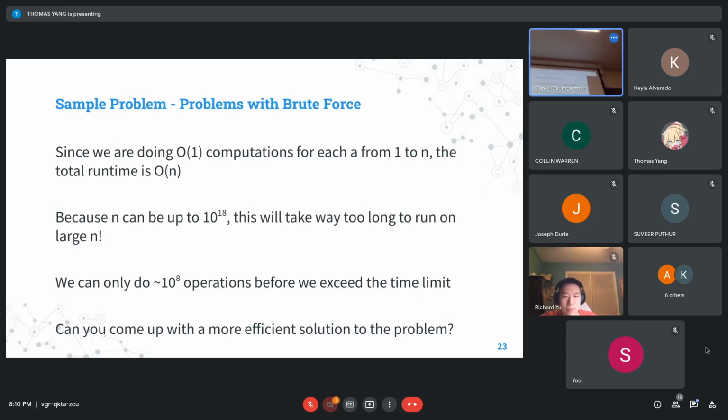And just a note, it's not exactly 10^8, it's 10^8 times a reasonably small constant factor. Because of that, you usually want to play safe and just make sure your algorithm is 10^8 operations at most. So that is on that.